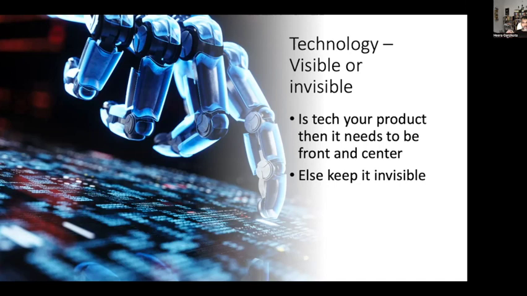Versus if you are selling technology, if the product is technology, then of course it needs to be front and center. For example, Apple has this entire spectrum. It sells iPads and M1 Max, and it also sells high-end pro devices which are targeted towards people who are leveraging this technology and devices to create content and create products and manifest their ideas.